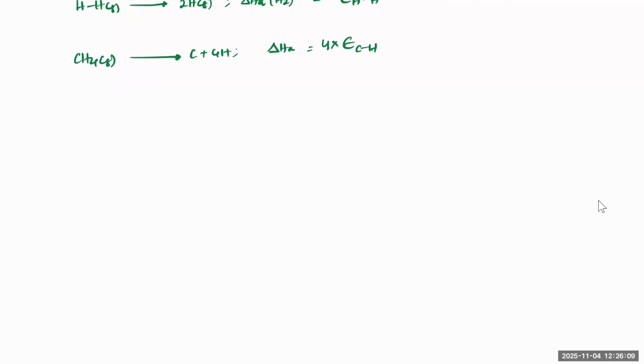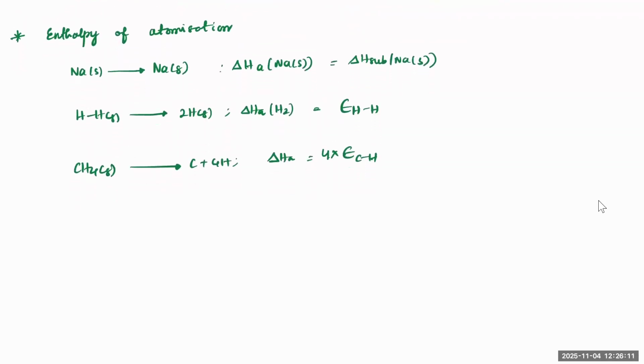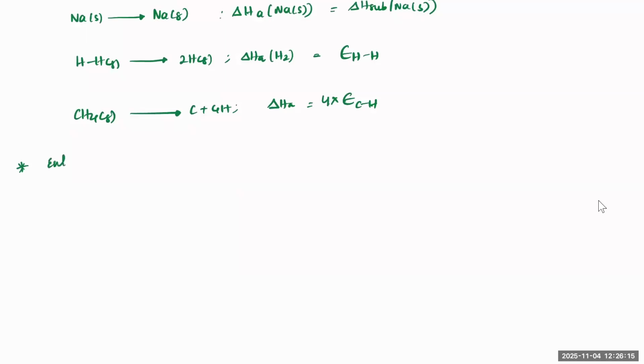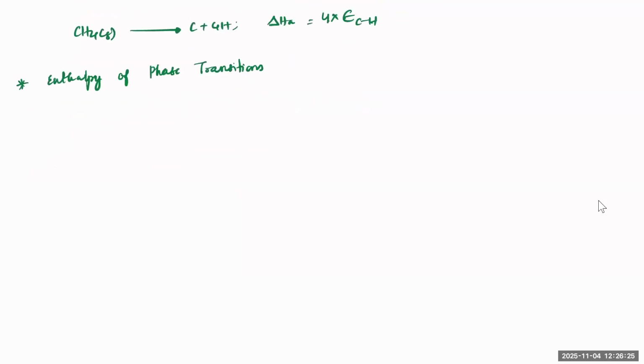Next, the last enthalpy form is enthalpy of phase transitions. For example, solid to liquid we call fusion. Liquid to gas we call vaporization, enthalpy of vaporization.